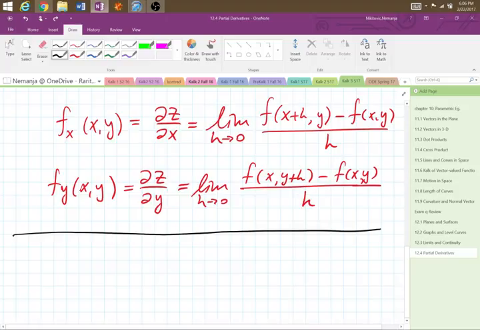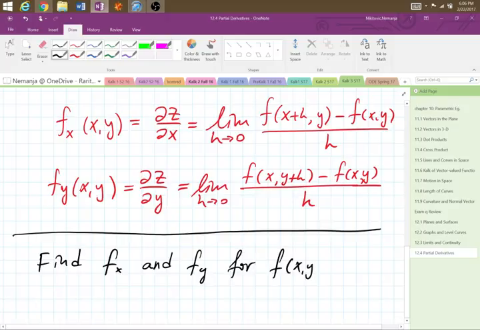All right, so let's find the partial derivative with respect to x and the partial derivative with respect to y for f of x y. Say you have x to the 5 minus y cubed plus 3, whatever.